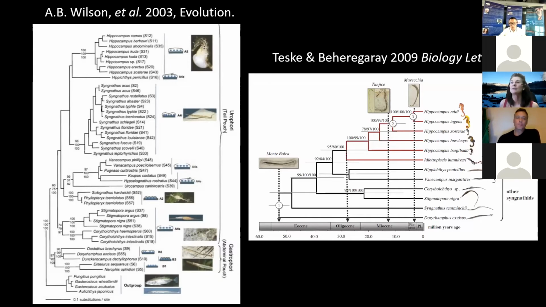Now, these are just a handful of the early studies for syngnathid evolution that used molecules and that mapped morphological characters onto a tree derived from molecules.